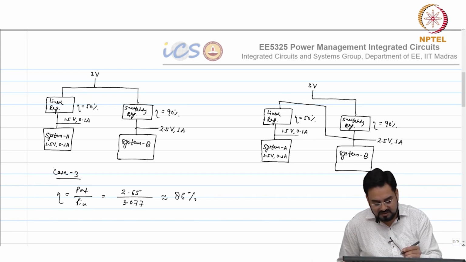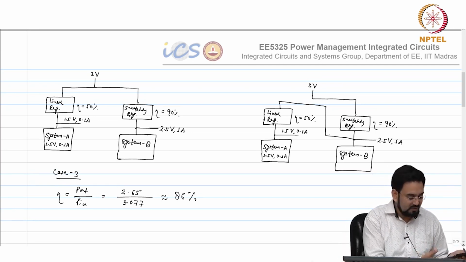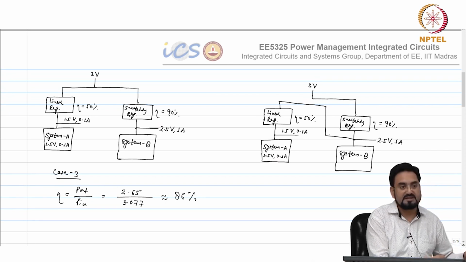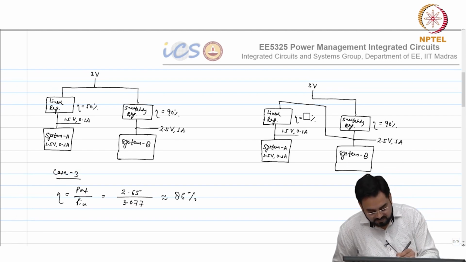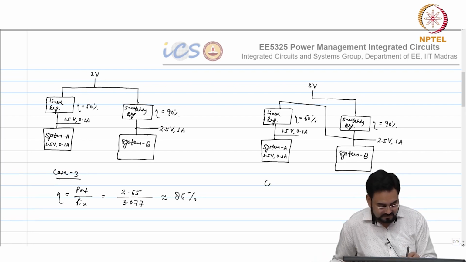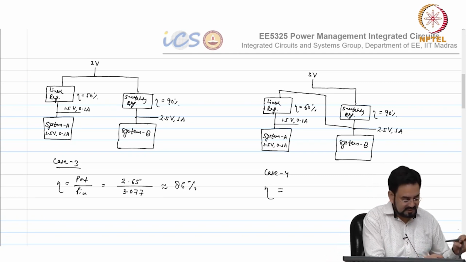So what would happen? Now dropout voltage is reduced to 1 volt. So efficiency will be 1.5 divided by 2.5, which is 60%. Okay. This is case 4, and now let us calculate the efficiency here.